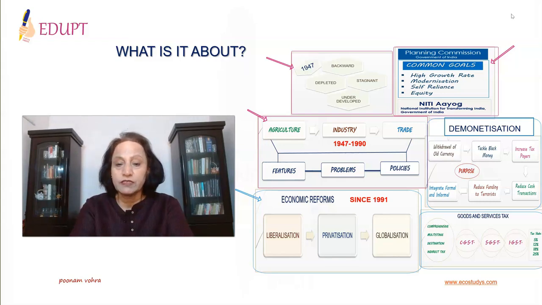Demonetization was adopted. Also the goods and services tax came into existence. These aspects comprise the second part of this unit under the title Economic Reforms since 1991.